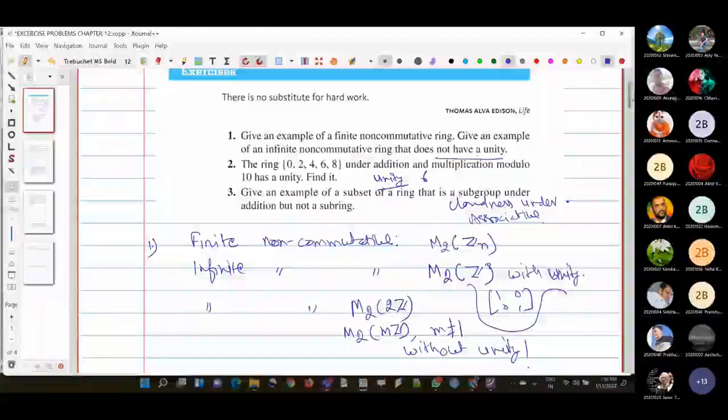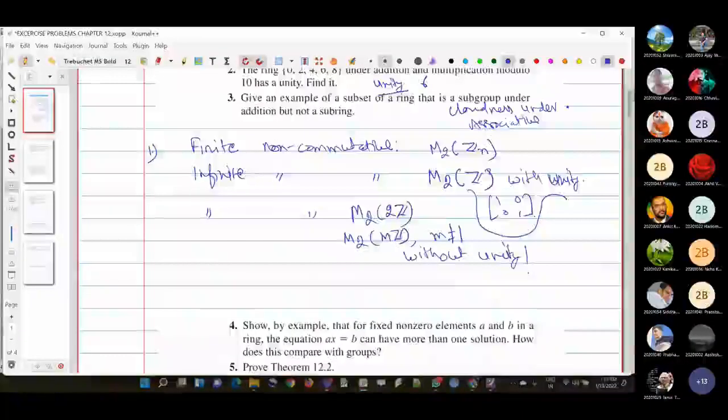Because they are telling that a subset of a ring is a subgroup. They are telling that this is a subgroup, but this is not a subring. So if it is a subset of a ring, they are taking a subset of a ring and claiming that this is a subgroup. So certainly this subgroup has to be commutative.